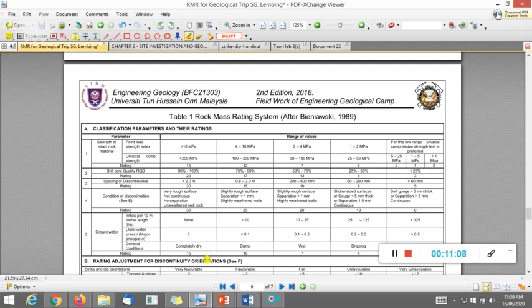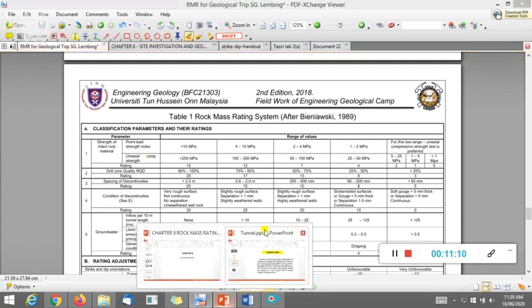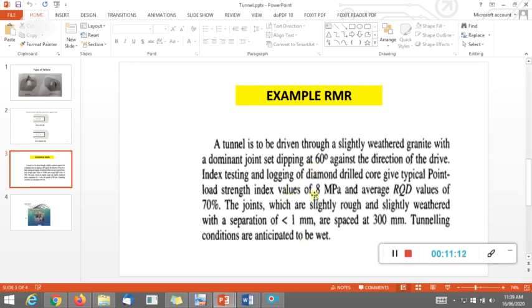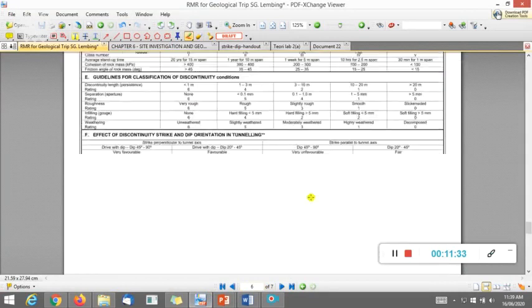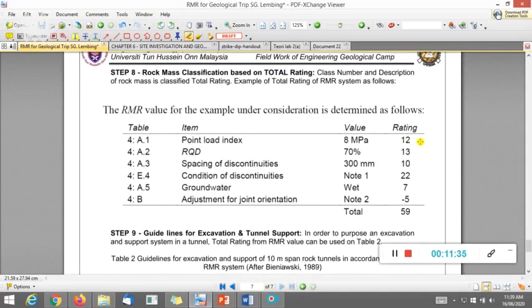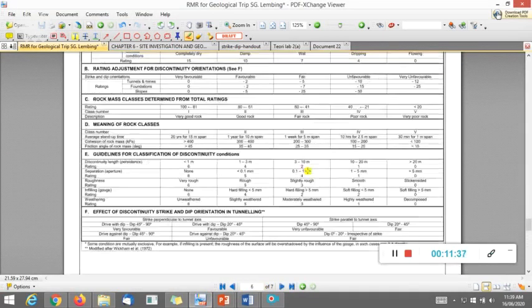For example, say they are doing some coring and they conduct a point load test, and they get 8 MPa. Based on 8 MPa, you give the rating of, sorry, not 7.